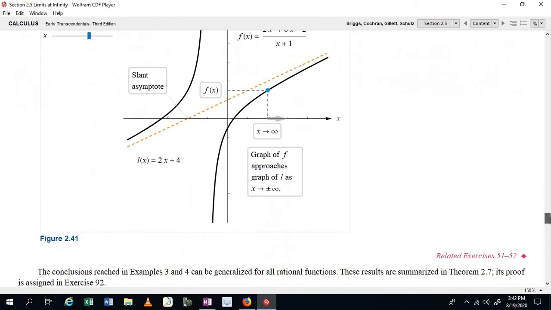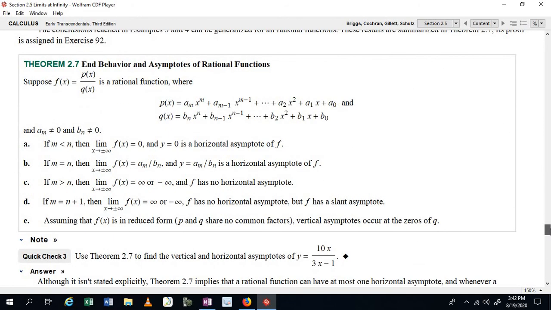Okay, so just to finish this off, Theorem 2.7 gives you a summary of the end behavior and the asymptotes that can occur for rational functions. So anytime you have a polynomial divided by another polynomial, you have a rational function. And they go ahead and write out the polynomials in general form.